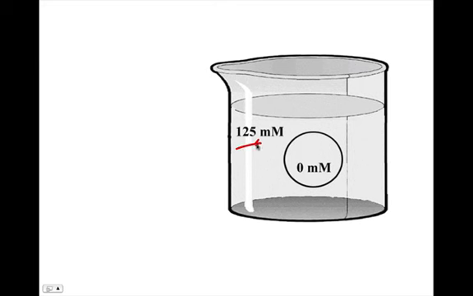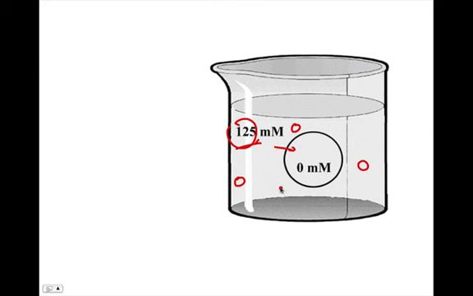So if we did that and we added that salt, the salt would dissolve throughout, diffuse throughout this beaker, and we could take a drop anywhere in this beaker, and the concentration in that drop would be 125 millimolar. We're not talking about a cell, we're just talking about this artificial membrane, and no salt will cross that artificial membrane. The salt is going to stay on the outside.